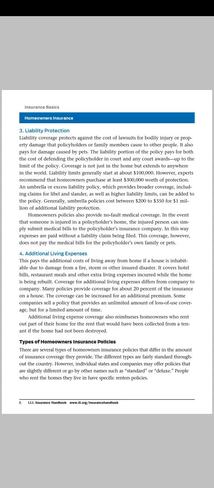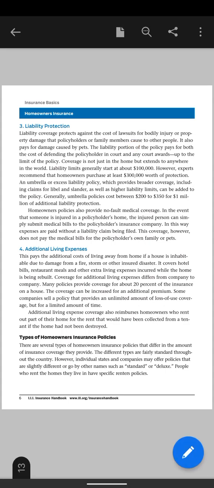Generally, umbrella policies cost between $200 and $350 for $1 million of additional liability protection.